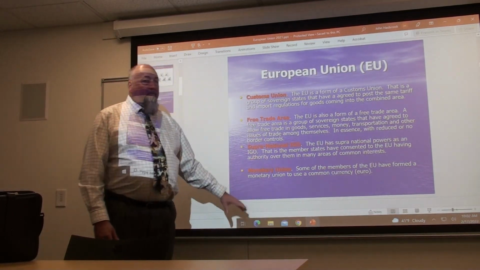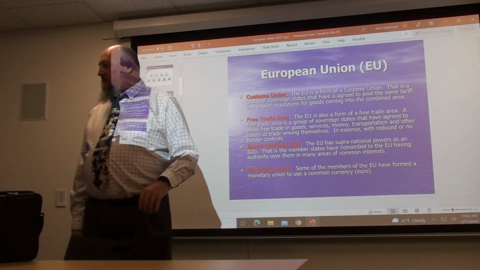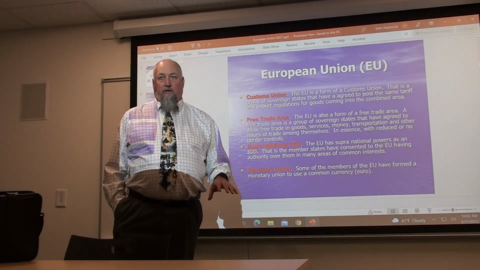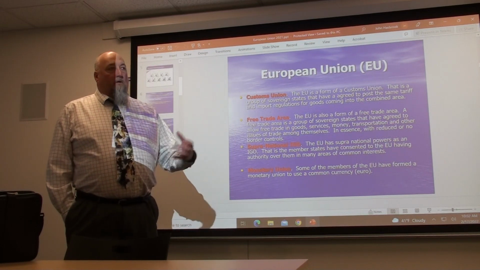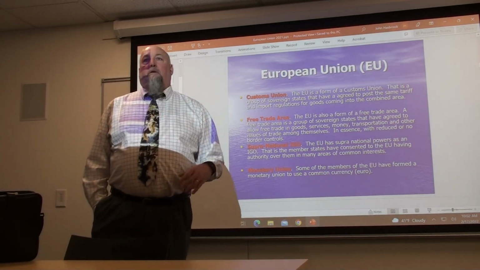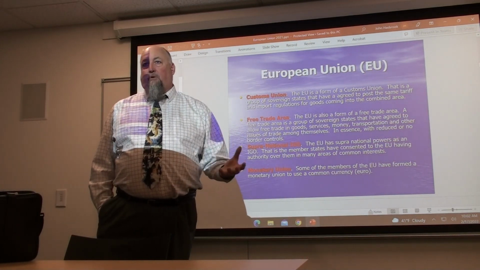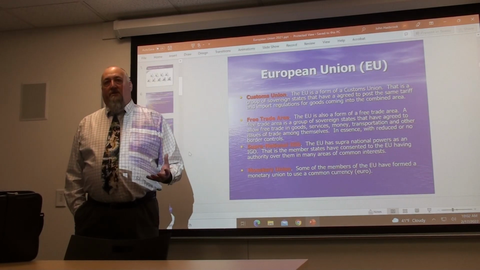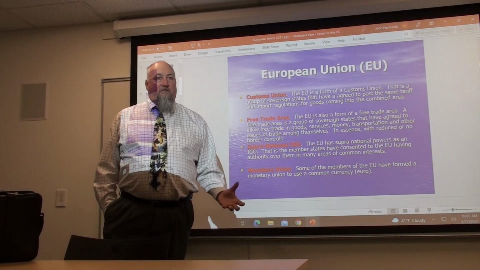So the final point, in terms of when we talk about the European Union as an IGO, is that it is also a monetary union, of course the euro. And the euro, like the dollar, is representative of the members that are part of the European Union monetary system, the euro system, by adopting a common currency.